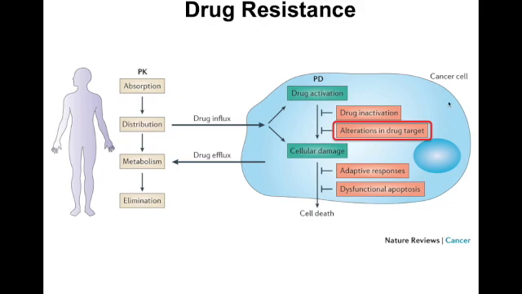Now we're going to focus here just for a minute on alterations of the drug target, because this is one that is not appreciated, I think, as much as perhaps it should be in cancer, because cancer cells are mutating so quickly. I mentioned earlier that there are mutations that confer productive changes in the cell in terms of being cancerous.